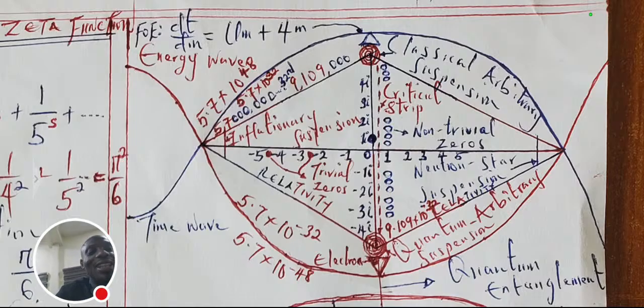The suspension is highly essential, and then you can see that we even have another suspension right from where we have the quantum arbitrary suspension down to the edge of energy curvature. That is another suspension. Right there we have compacted equilateral triangle, and because the equilateral triangle is compacted, the constancy of light speed will be maintained. Don't forget that the diagonal trajectory in the energy space is the constant speed of light, while the diagonal trajectory in that time space is constancy of gravity.